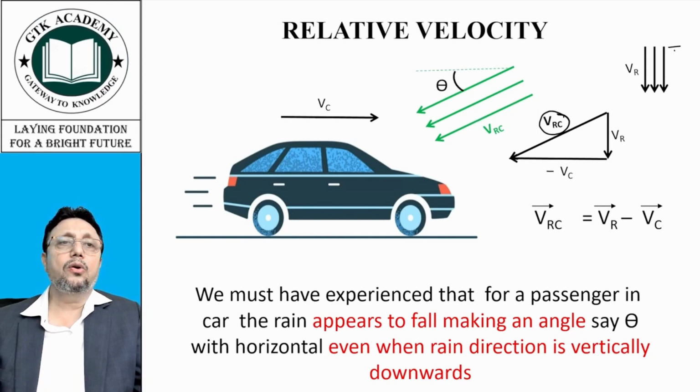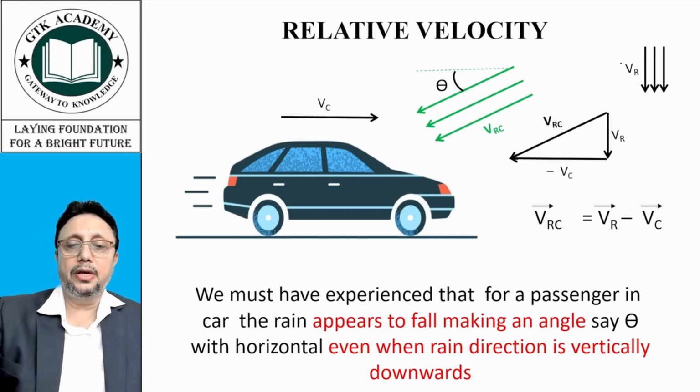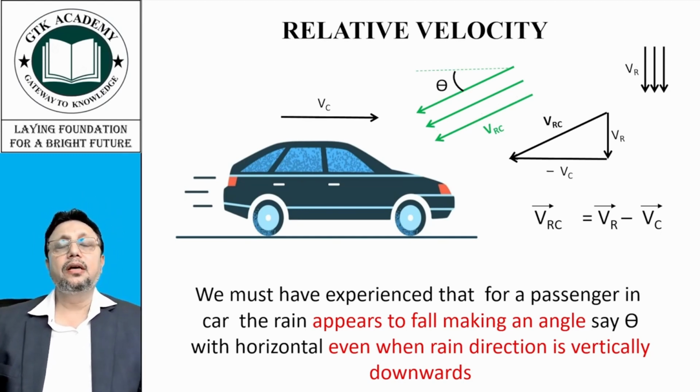Now this arrow represents the magnitude of velocity of rain, but this arrow represents the magnitude of rain velocity which appears to the person sitting inside a car. So you can see the magnitude is also more. So rain appears to be coming with a higher speed. Now you must have noticed that if you increase the speed of the car, the rain appears to come with even more velocity. Many of you must have experienced this.